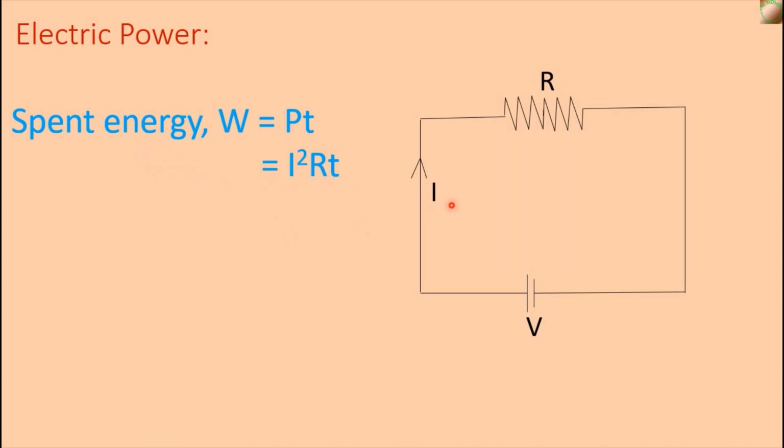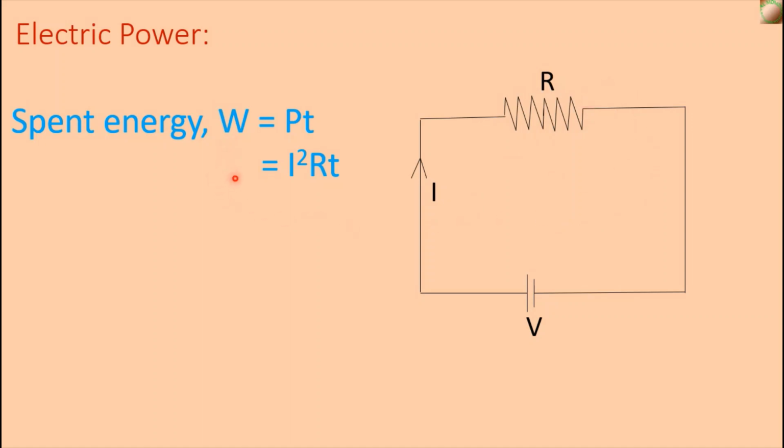This spent energy will produce heat in the resistance R. That is, if I current flows through the resistance R in time T, then I square RT amount of heat will be produced in the resistance R. When T is equal to 1, I square R amount of heat will be produced in 1 second.